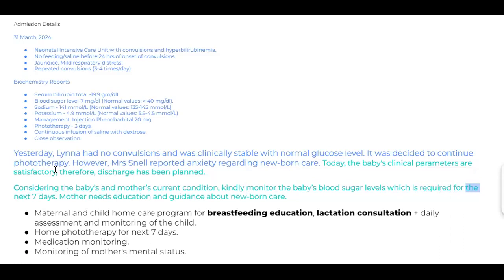OET will never write a word that is required for you. Mother needs education. Please note, comma, the mother needs education and guidance about newborn care. This is already repeated. Now you have to write the remaining part of this letter, and the letter will be complete.